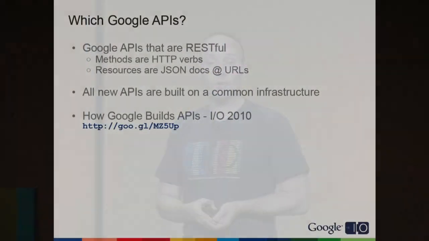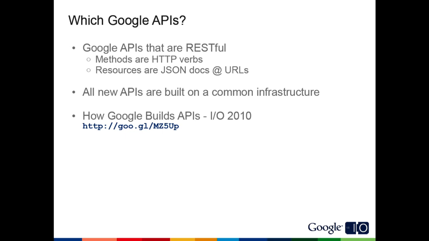All of our new APIs are now being built on a common infrastructure. Last year at Google I/O, we did a presentation, a little behind-the-scenes look at how Google builds APIs. If you want to listen to me speak a lot more, you're welcome to go to that URL and check out a little bit more about how we build APIs. It'll also give you a much better introduction to what RESTful architecture is.